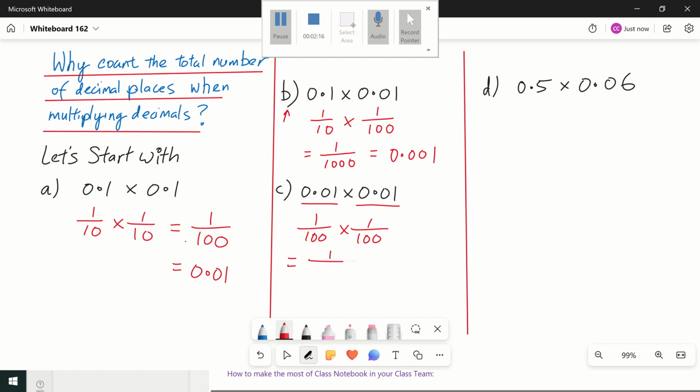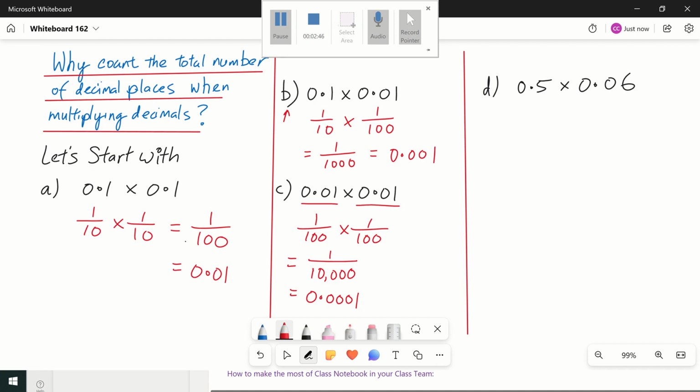We have 1 over 10,000, which as a decimal becomes 0.0001.